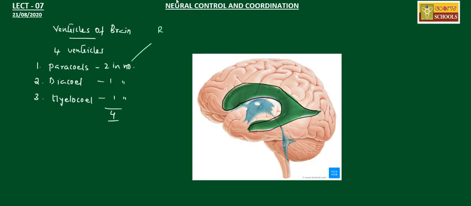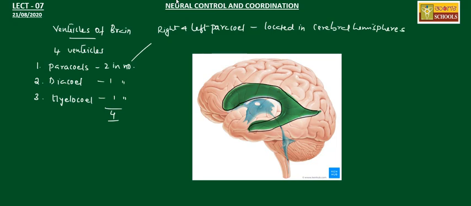So these are the right and left paracoels, located in the cerebral hemispheres, each in one cerebral hemisphere.